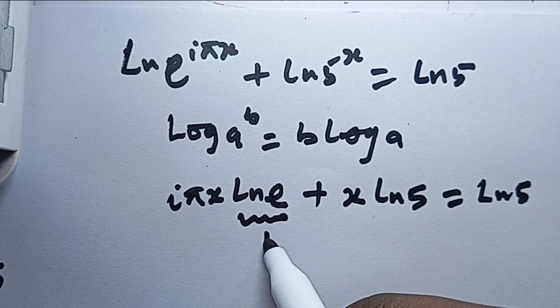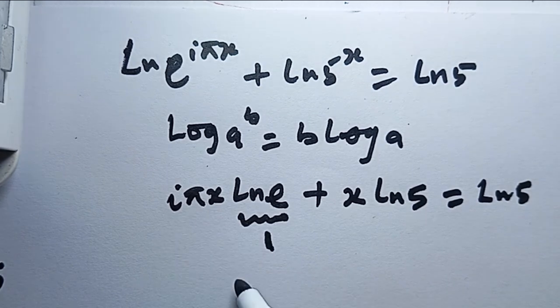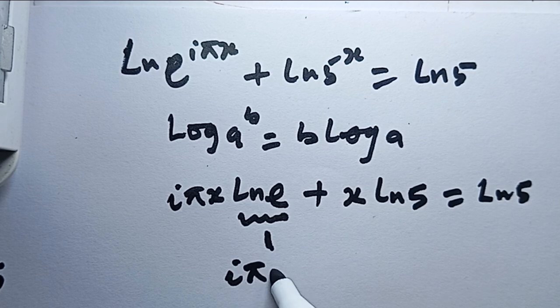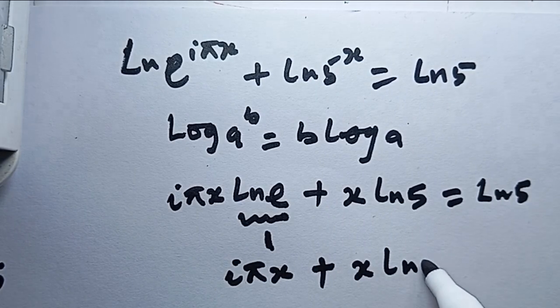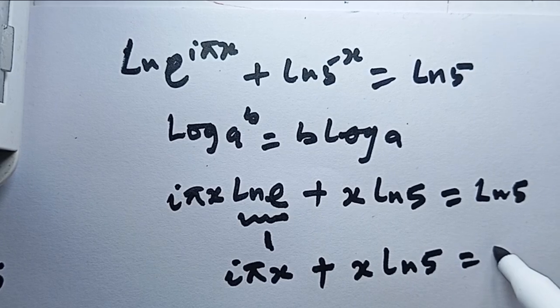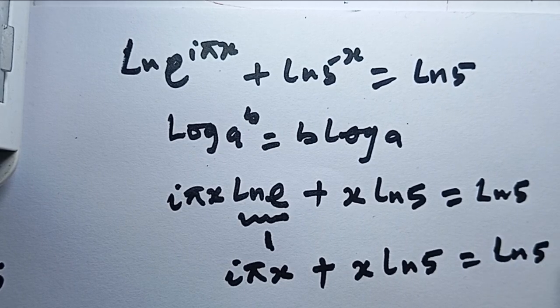Natural log of exponential is equal to 1. 1 times I pi x will be the same as I pi x, and then plus x multiplied by the natural log of 5 is equal to the natural log of 5.